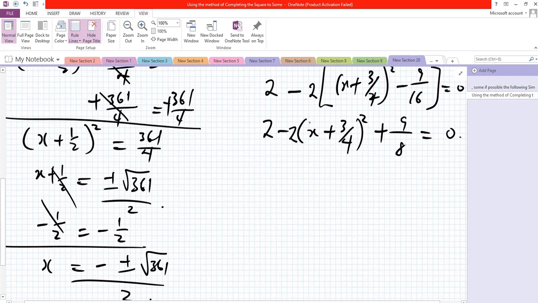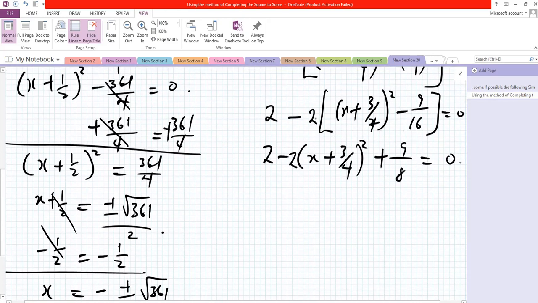Because if you open up this bracket, this minus 2 will multiply this, which is this. This minus 2 will now multiply minus 9 over 16 and will give you plus 9 over 8. So we are left with this plus this. These are like terms, so let me bring them together.